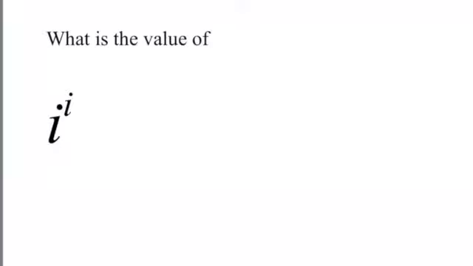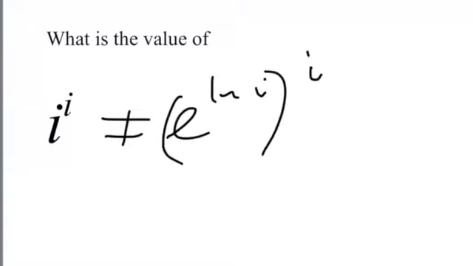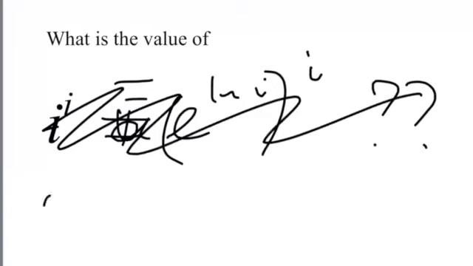i to the i. You might suspect, why don't I say e to the ln i, to the i? I mean, it does equal that, but that has its own problem because I don't know what ln i is, and I don't even think your calculator could do ln i. But there is a sneaky way to do it. Do you remember a couple of slides back?